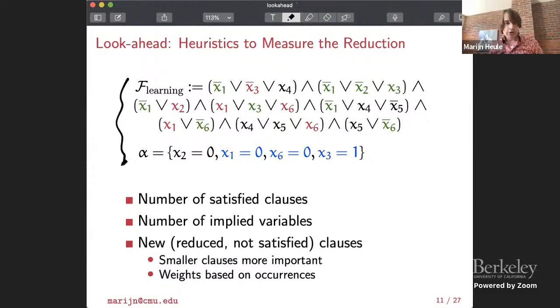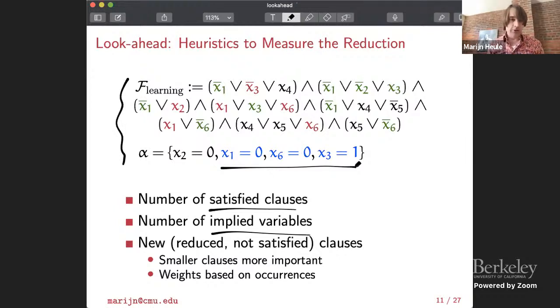The question is, how are we going to do the measurement? One way is, for example, to count the number of satisfied clauses. In this case, we have 8 clauses and 7 of them are satisfied. So there's a lot of reduction if you use that metric. You can also look at the number of implied variables. In this case, this is 3 of them.